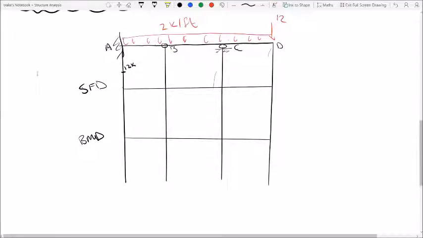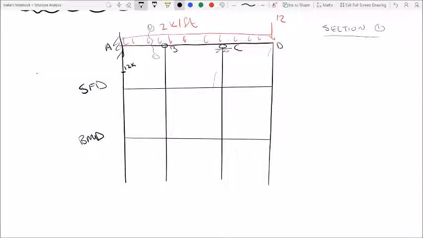What we can do is find the equation of that line by taking a section and summing the forces. So if we took a section, say here for example, that's section 1. We've got our 12 shear force, in an arbitrary direction.